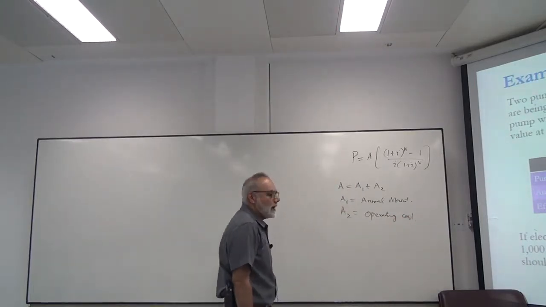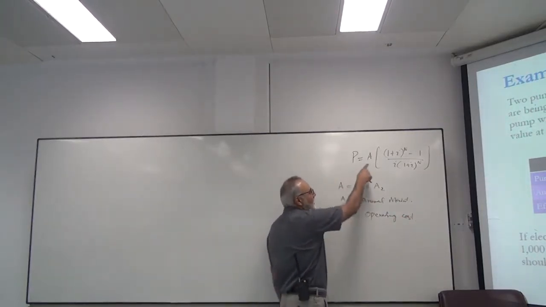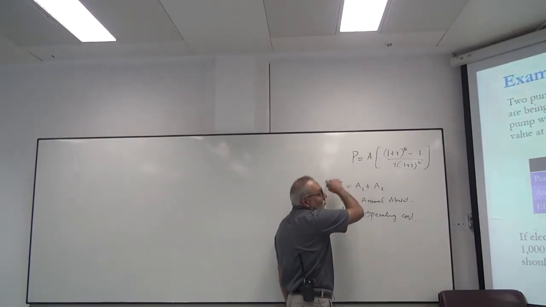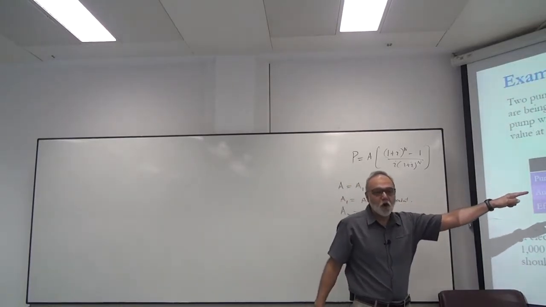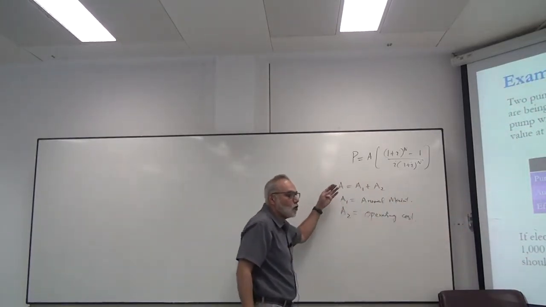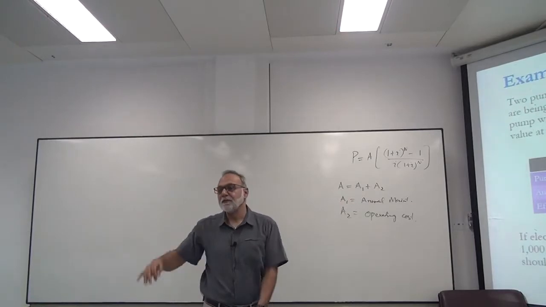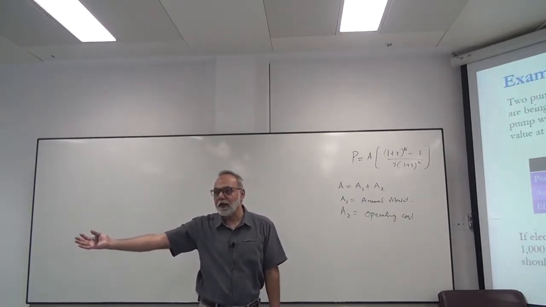Then you can use this A here and find out the present worth plus the initial capital cost, and you will have your total cost for ABC. Similarly, you will have the total cost for XYZ.